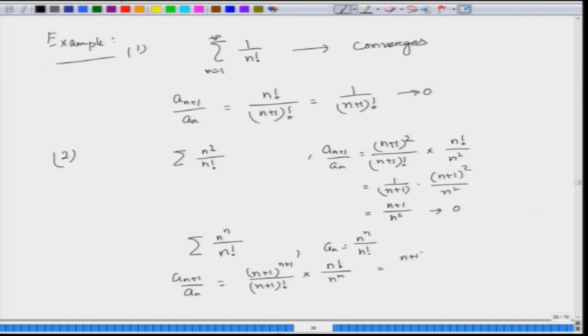I can write this as (n plus 1)^n into (n plus 1), divided by (n plus 1) times n factorial, into 1 by n^n.